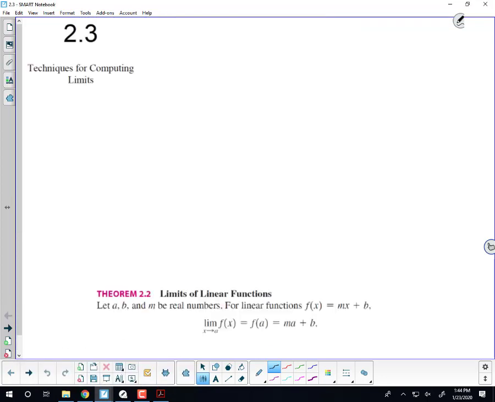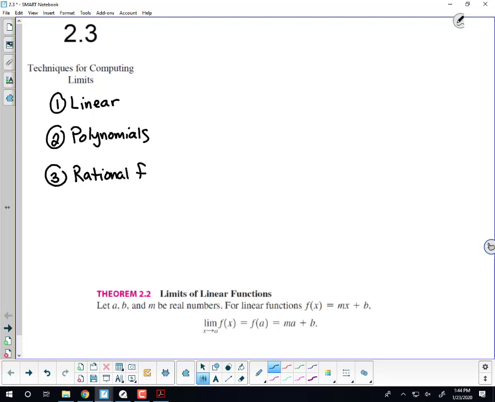So in 2.3, we're going to look at techniques for computing limits, and we're going to cover the basic functions: linear functions, polynomials, rational functions, and we'll look at some others, maybe we can call them algebraic and non-algebraic.